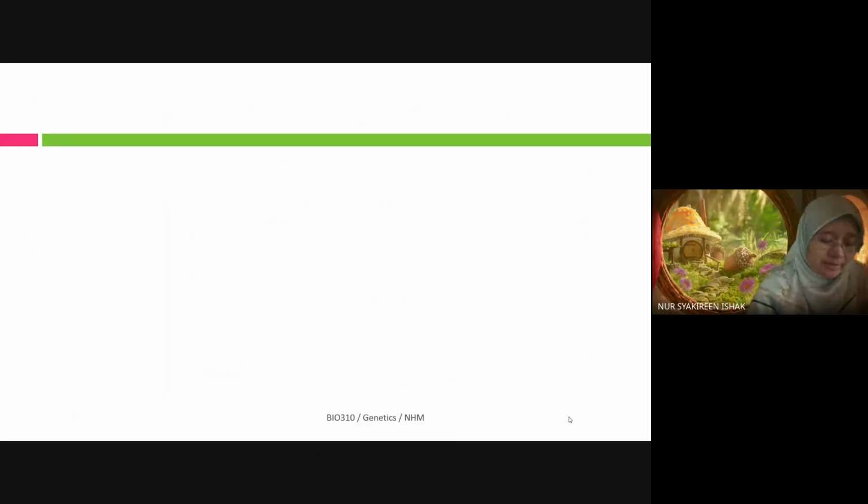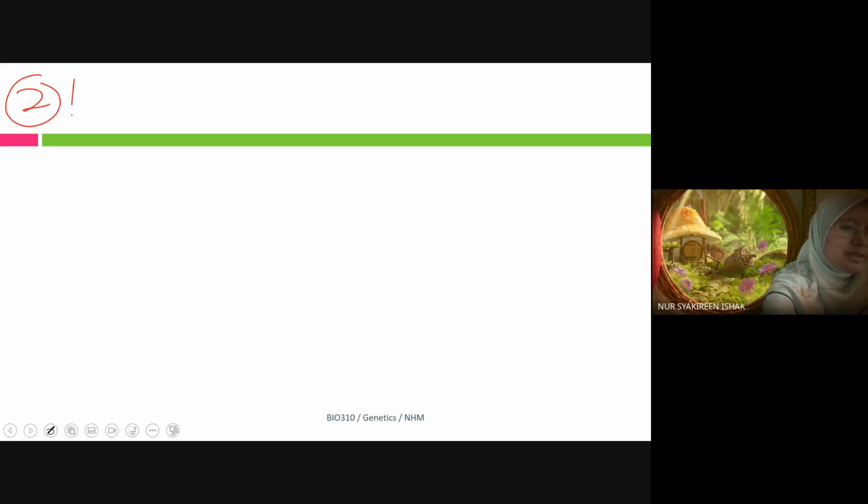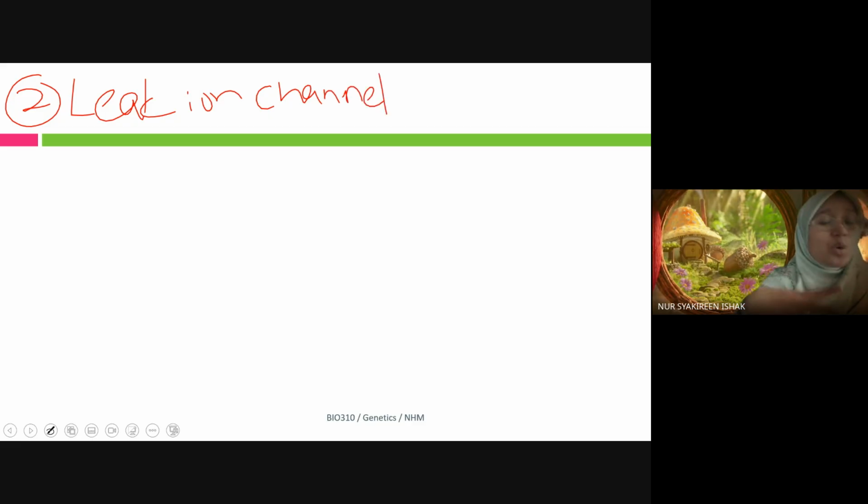So the second factor that maintains the negative charge is the leak ion channel. That is, it is always open.